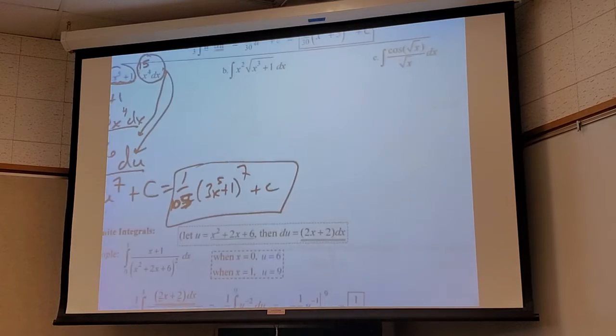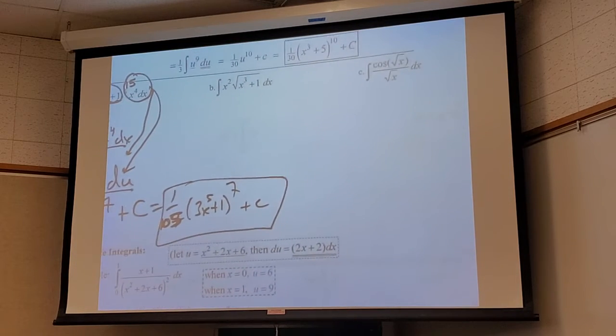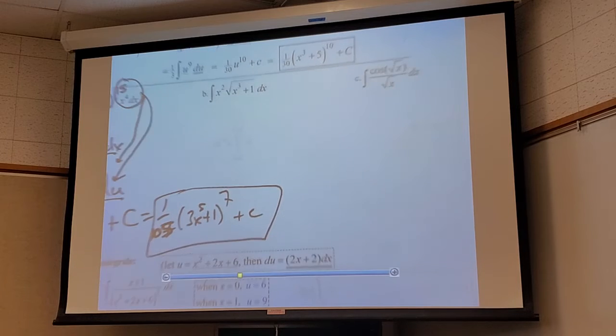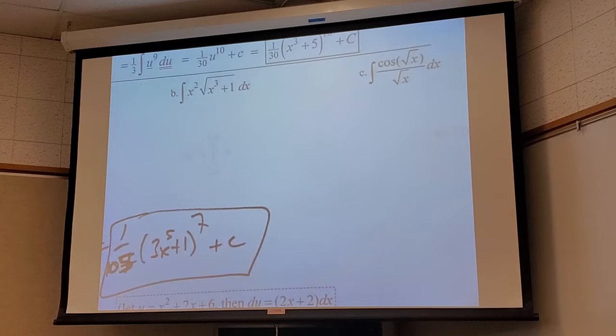That's why it's all about, it starts off as, what's the inside function? And I'm going to slowly work it to something more general. Right? Because it's not always that, but we already talked about this, I know, but just to bring everybody back, what's the inside function in part B? X to the third plus 1. And is its derivative in there also, basically? Yes.